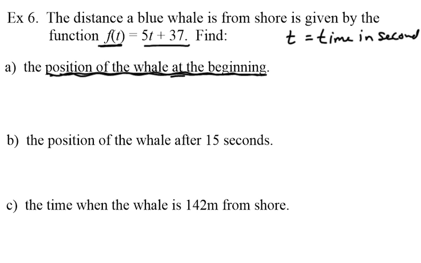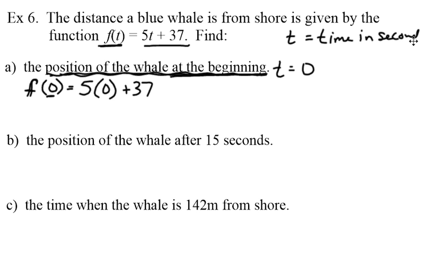So at the beginning, what do we know? At the very beginning, time is 0 seconds. So we want the distance the whale is at a time of 0. F of 0 means 5 times 0 plus 37, because t is 0, so we plug 0 in for t. 5 times 0 is 0, plus 37 is 37.